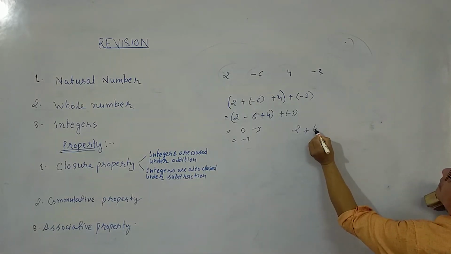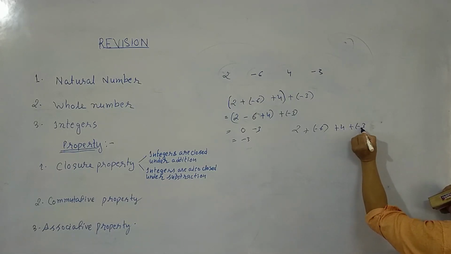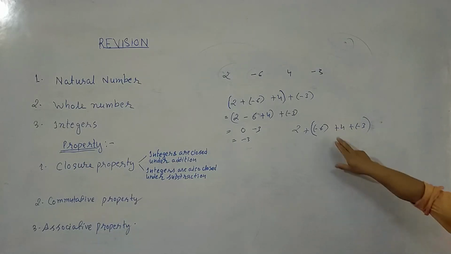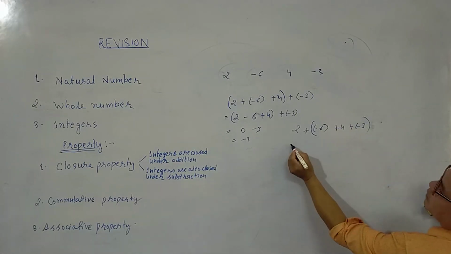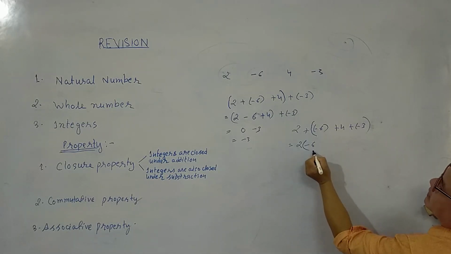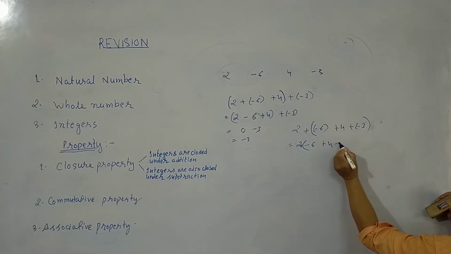Now suppose I change the grouping. 2 plus minus 6 plus 4 plus minus 3. First I group these three integers. What will the result be? 2 plus minus 6 plus minus 6, and this is plus 4 plus minus 3.